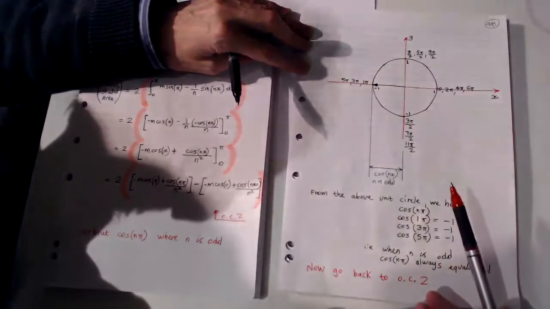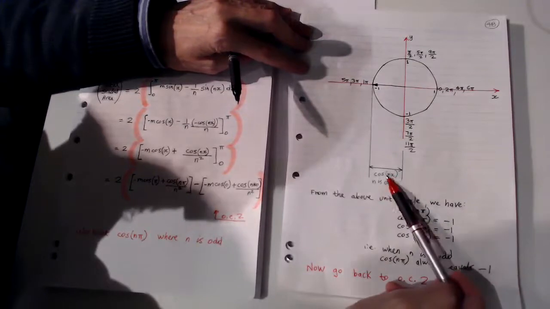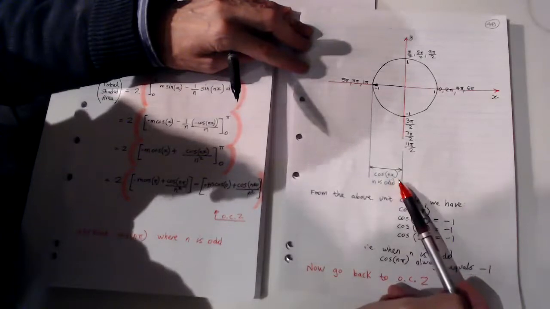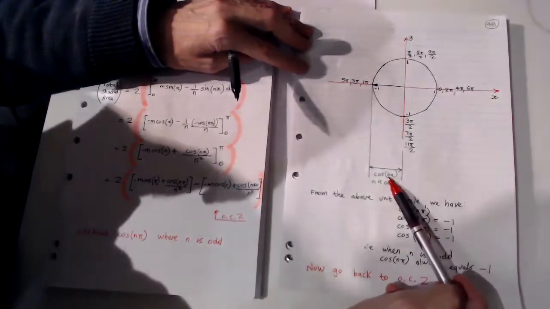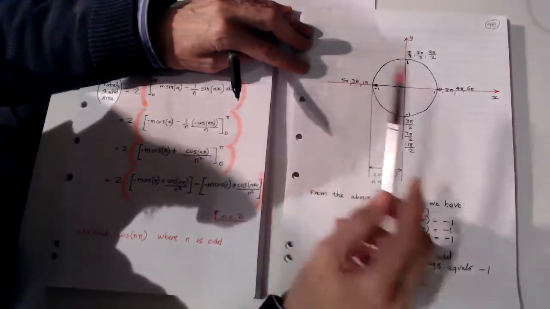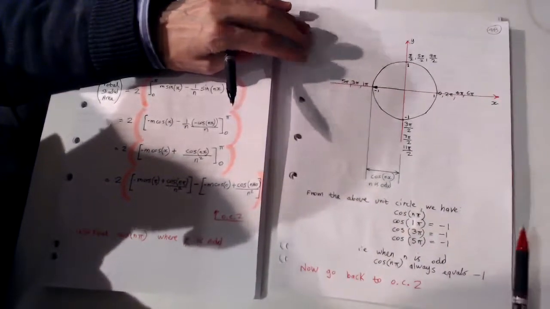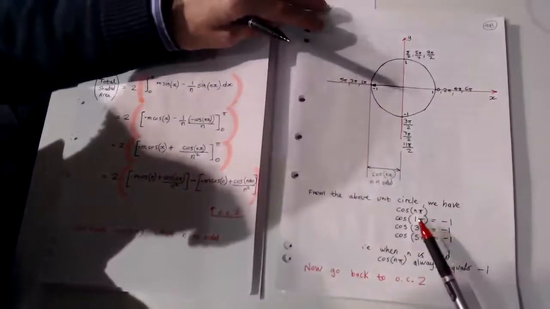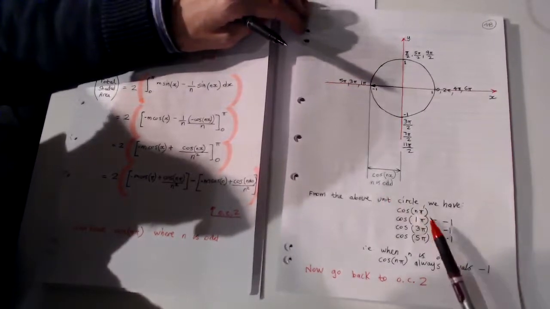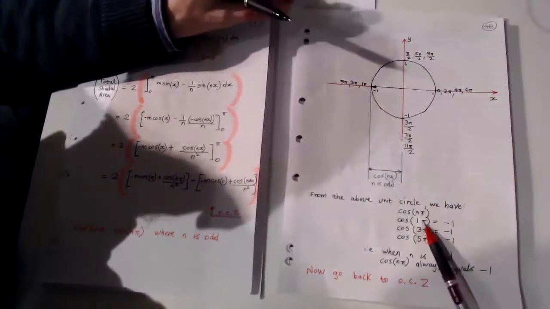Now, when n is odd, we're going to end up with 1 pi, 3 pi, 5 pi, etc. So from the above unit circle, when n is 1, we get cos 1 pi.